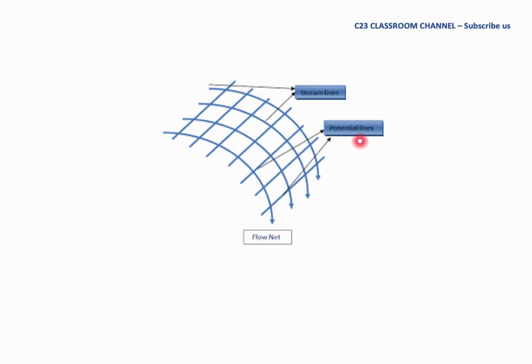And potential line is the imaginary line that we need to create perpendicular to the streamline. So this is the key point, the main idea that you need to understand. Potential line or velocity potential is an imaginary line that is created in our diagram.